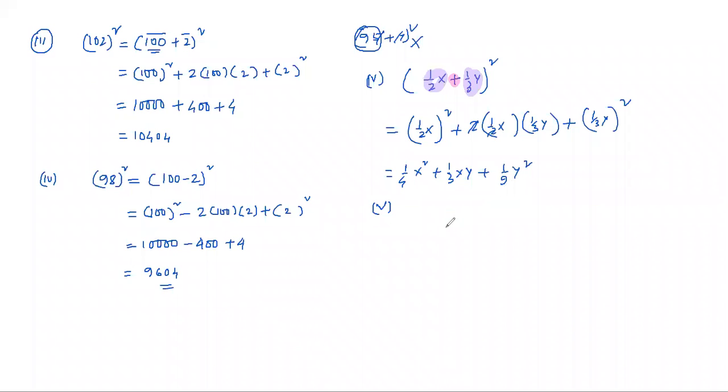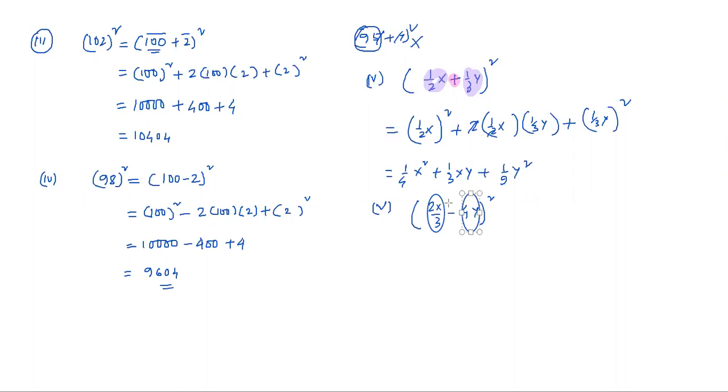So now here just one more, I'll take so that you can get comfort here. Say twice x by 3 minus 4y whole square. So now here also you try to see this will be treated as a and this will be treated as b, and there is a sign in between, that is the minus sign.